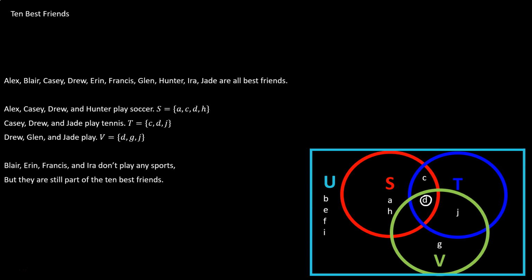Or do any of the 10 best friends not like to play volleyball? Right? If you're going to host a party and invite all of your friends over, which sport would you want to play? Volleyball? Probably not, because there's Blair, Aaron, Francis, Ira, Alex, Hunter, and Casey. They don't play volleyball.